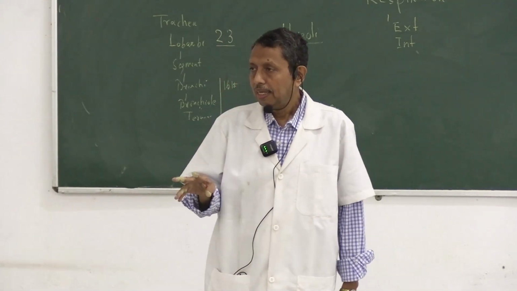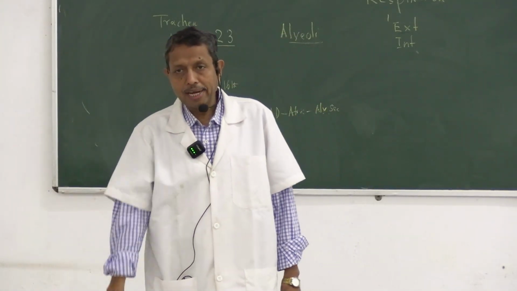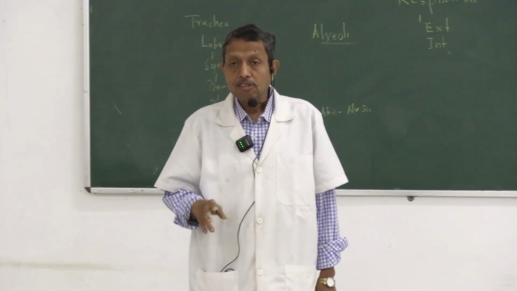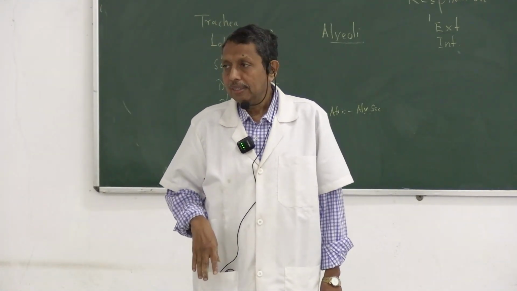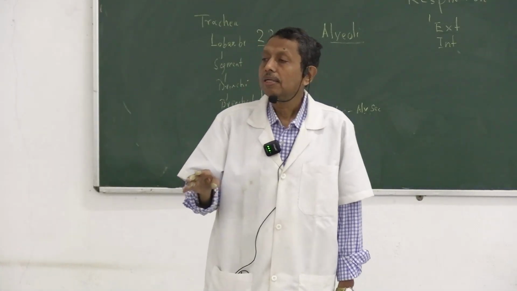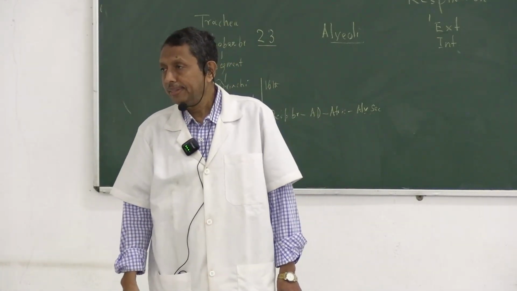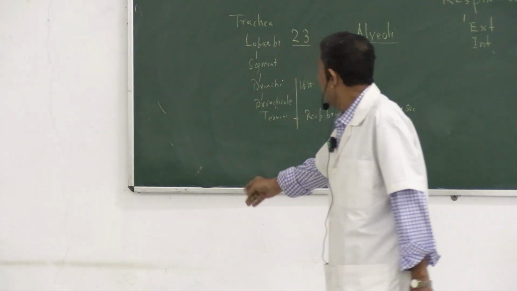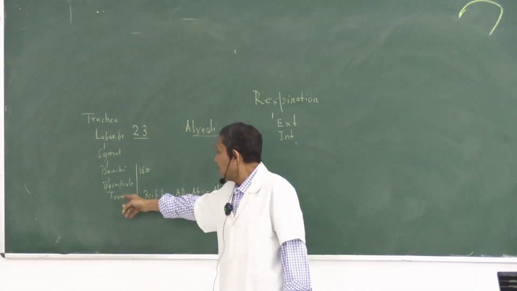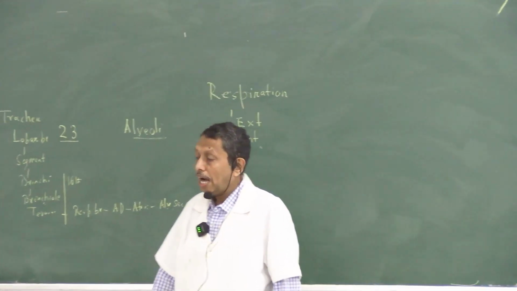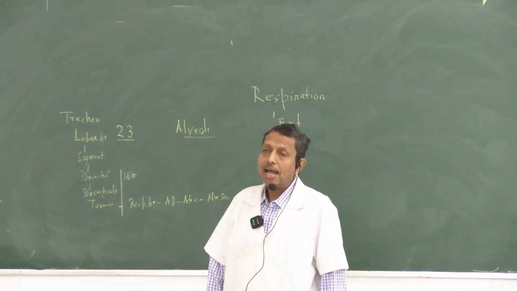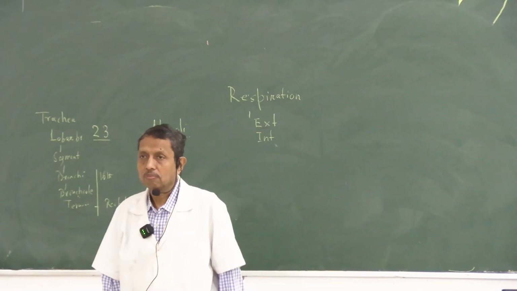From the trachea, two principal bronchi, and then the lobar bronchi, then segmental bronchi, then there are more peripheral bronchi, then bronchioles begin, and it divides and gives us terminal bronchiole. Up to the terminal bronchiole, it is the 16th generation, and there is no gaseous exchange.